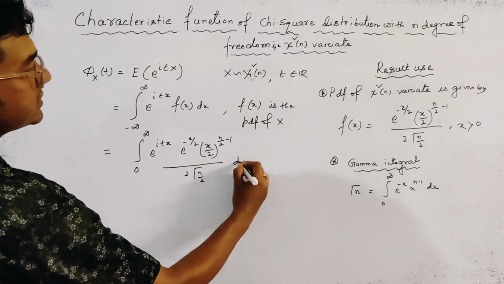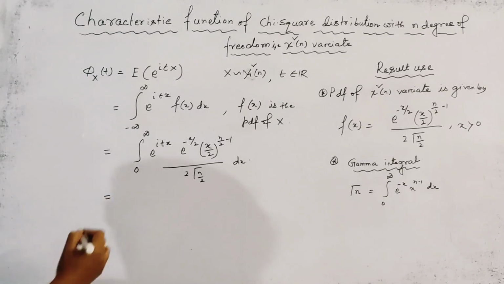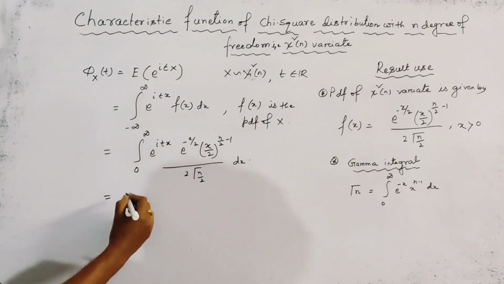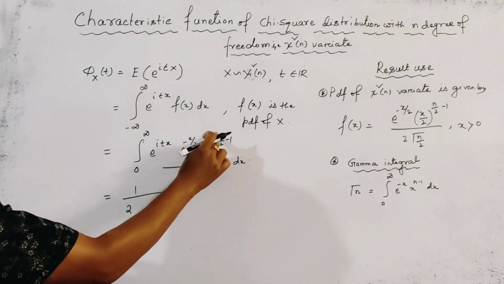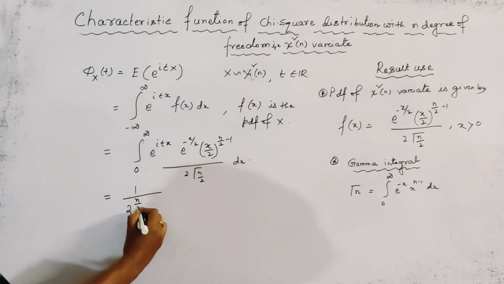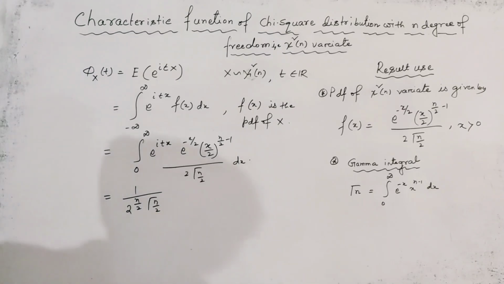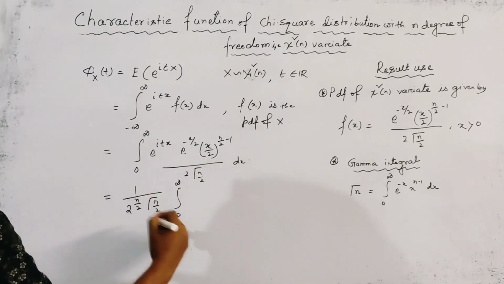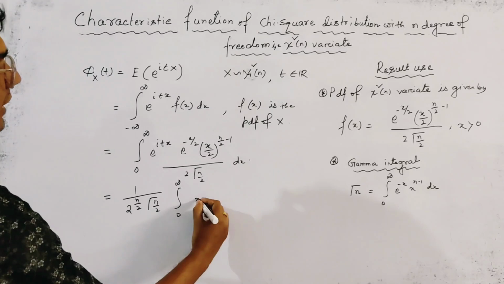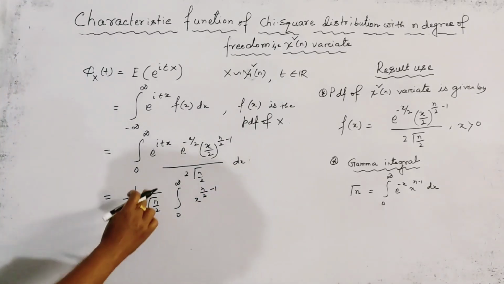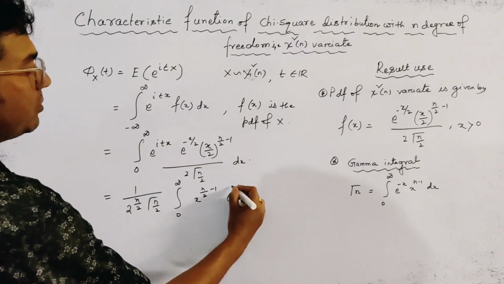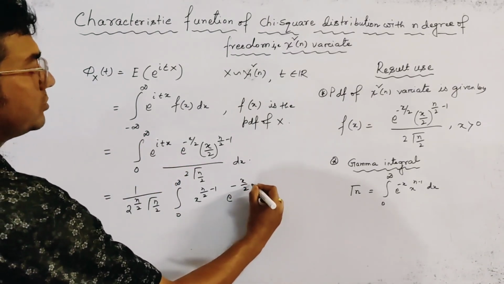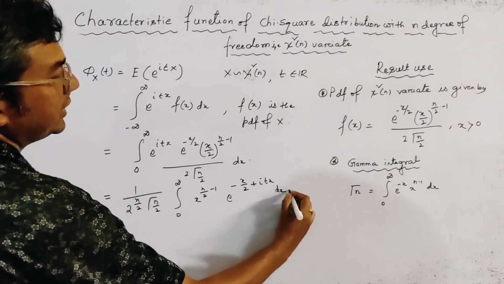Now we write all the constant terms with respect to x outside the integration, which gives 1 by 2 to the power 1 and 2 to the power n by 2 minus 1, so we get 2 to the power n by 2 into gamma n by 2. Inside the integral from 0 to infinity we get x to the power n by 2 minus 1, and we write the two exponentials together, getting e to the power minus x by 2 plus i t x, dx.